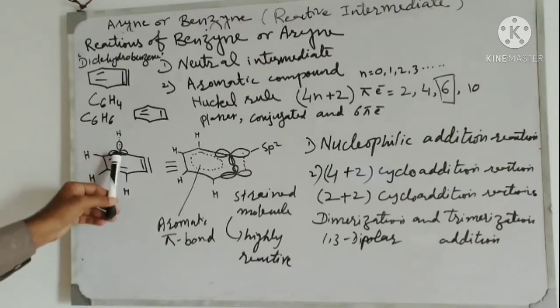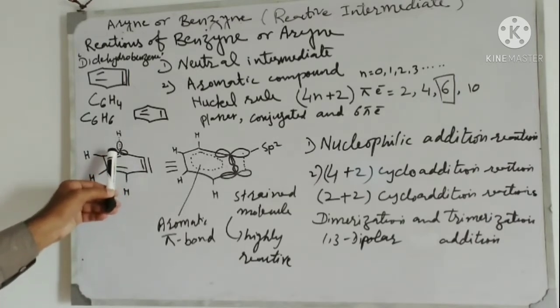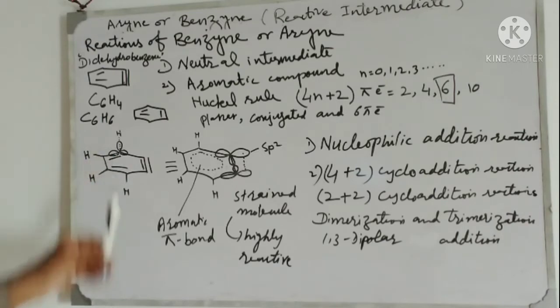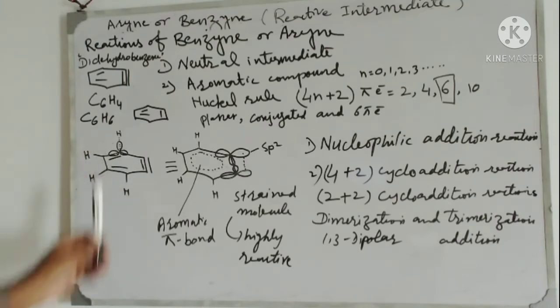One unhybridized pz orbital makes the pi bond through parallel overlap, so the 3 sp2 hybrid orbitals make 3 sigma bonds.